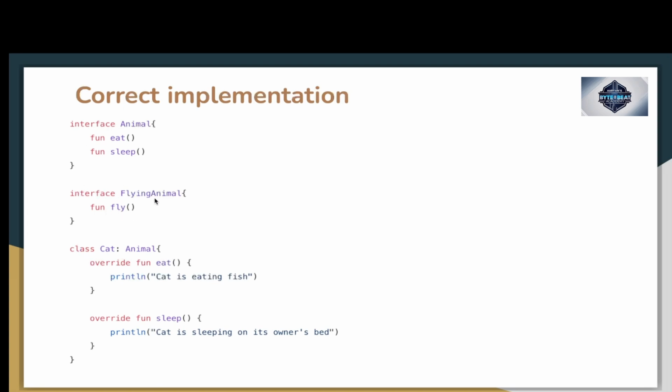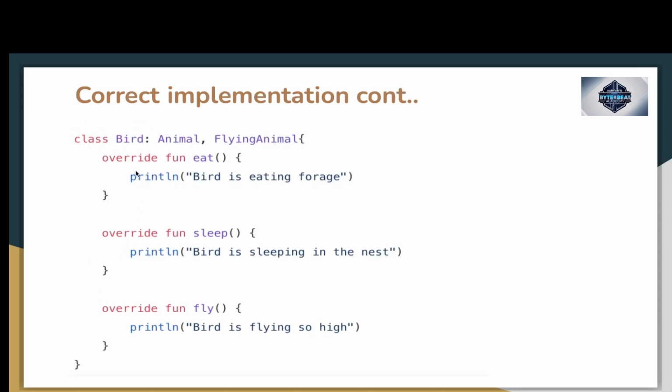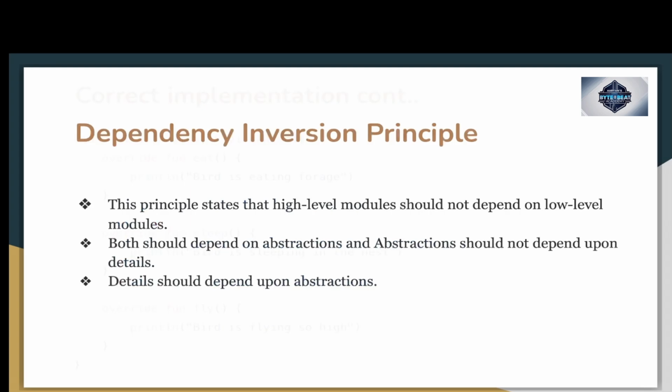We split it into two, and now this cat class has only those methods that are required, and in the same way the bird class also has only those methods that are required. I hope this is understood by you. Let's move to the next thing.